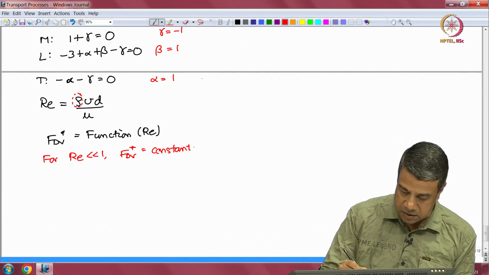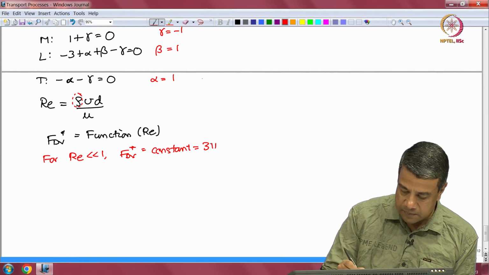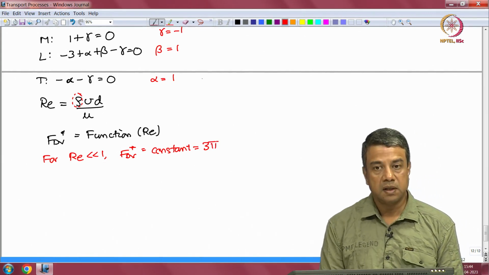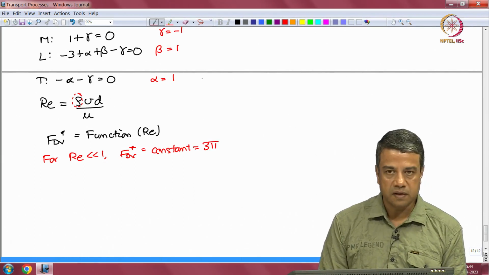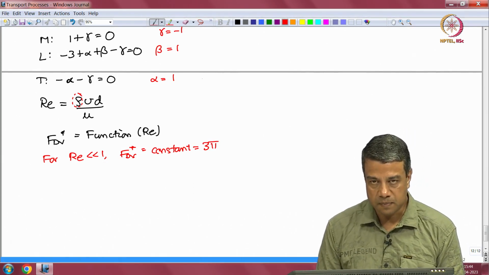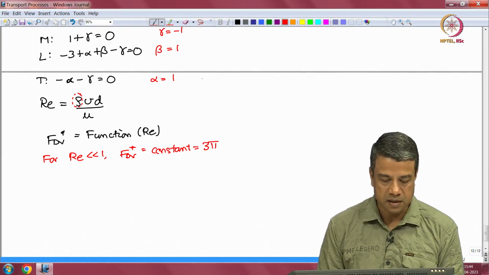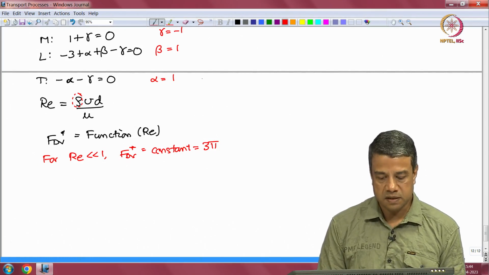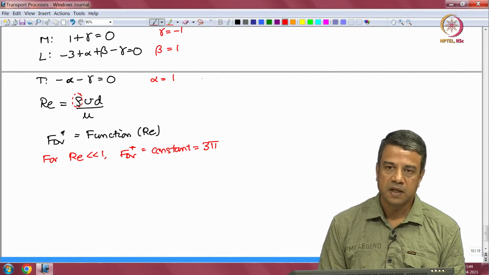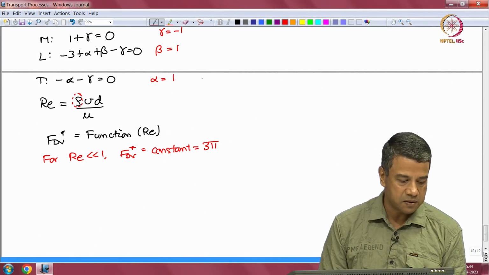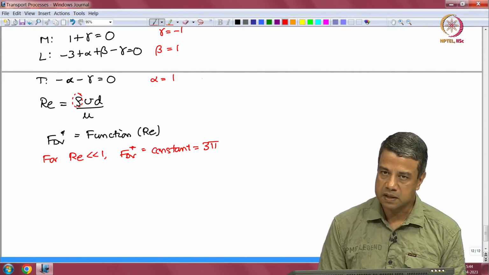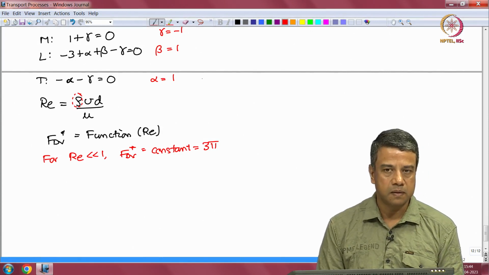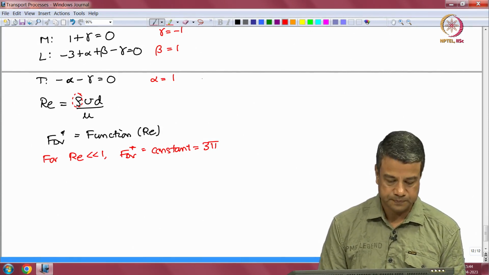This constant turns out to be equal to 3 pi for 0 Reynolds number, but up to that constant value you have got the dependence of the drag force on the parameters just by dimensional analysis. The drag force is some function of the Reynolds number. In the limit as the Reynolds number goes to 0, it goes to a constant. We do not know what that constant is, but that we can find out by experimentation.